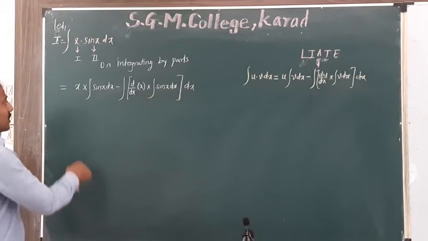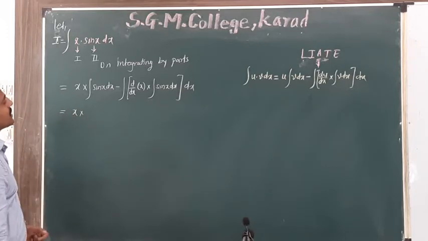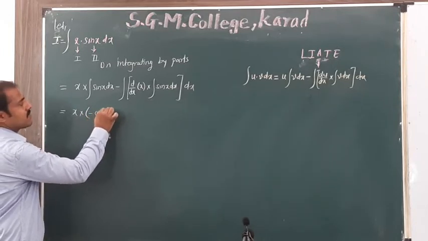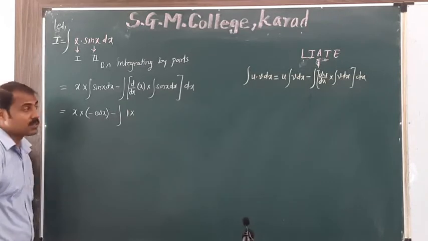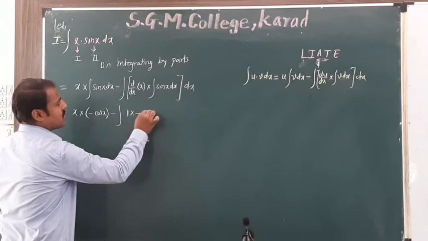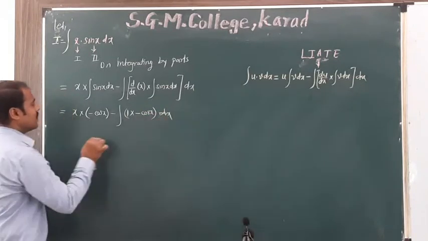So here I is equal to x into integration of sin x, which is minus cos x, minus integration of derivative of x, which is 1, into integration of sin x, which is minus cos x, dx.